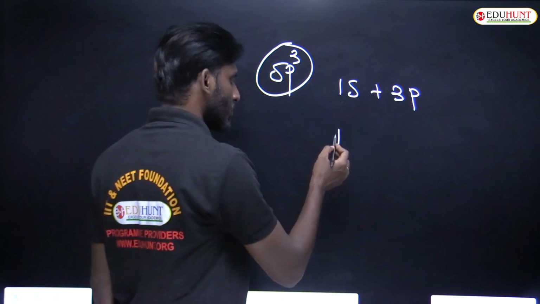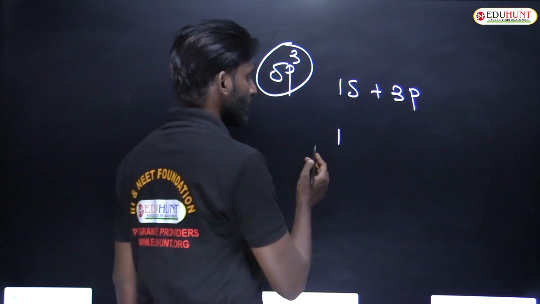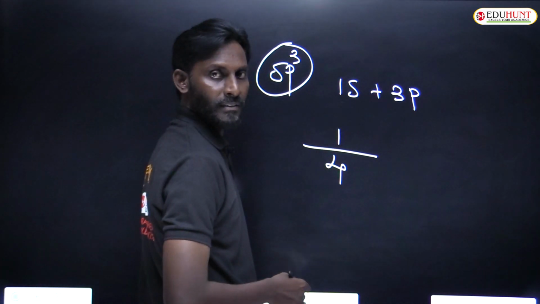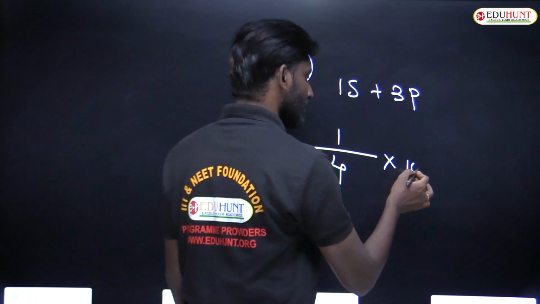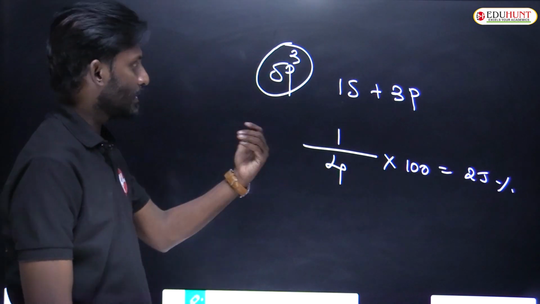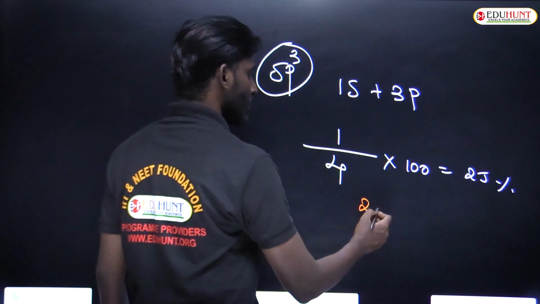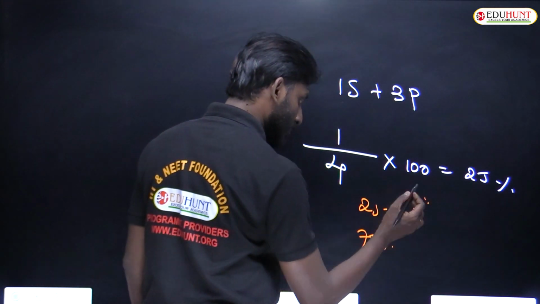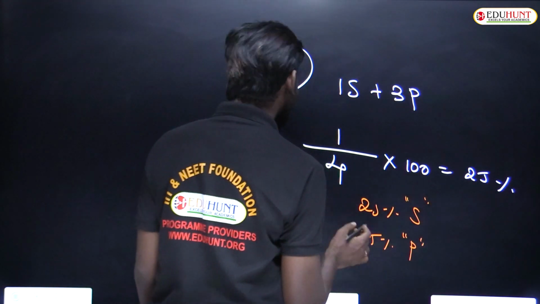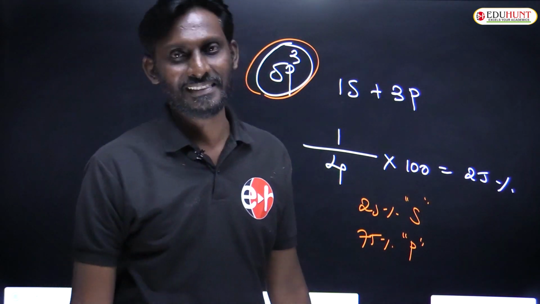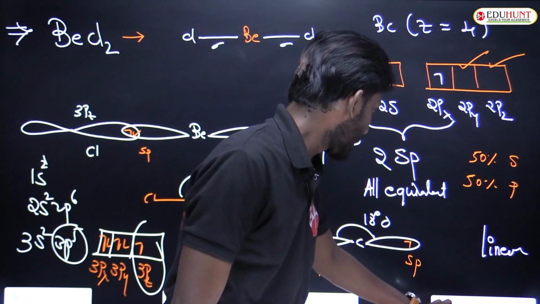Let us say the number of s orbitals 1 divided by the total number of orbitals 4. Then percentage means into 100. That gives you 25%. So 25% s character. The rest, 75%, will be p character in the sp3 hybrid orbital. Okay? Yes. Note it down nicely.